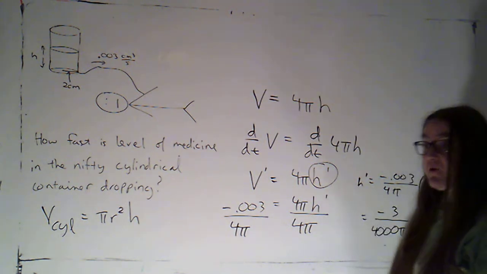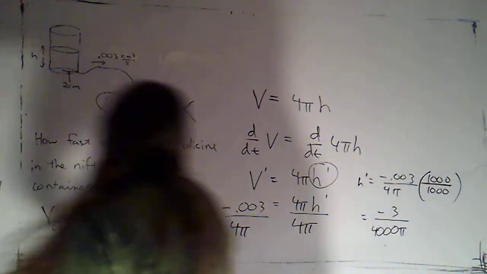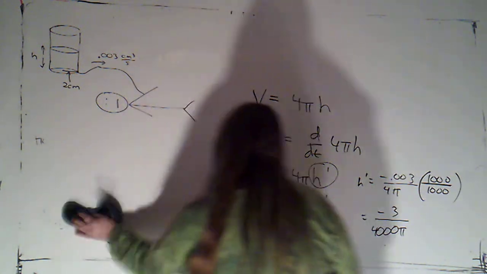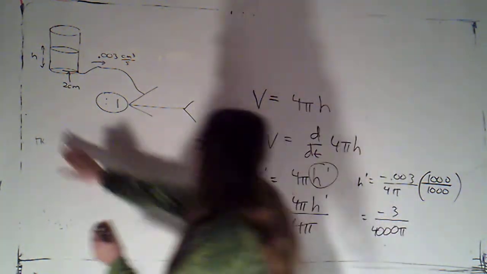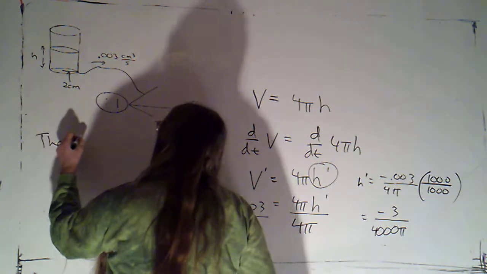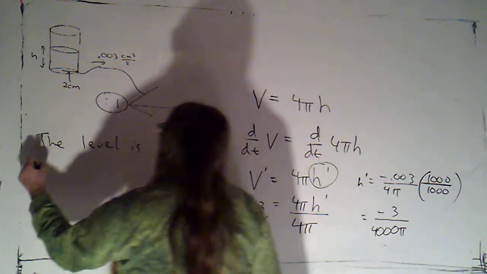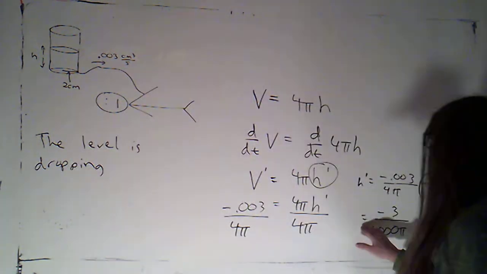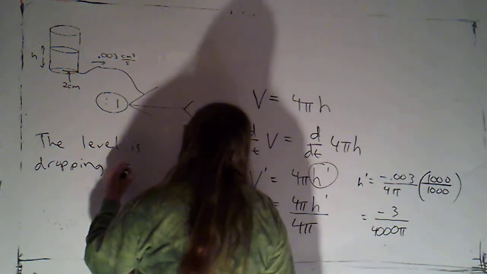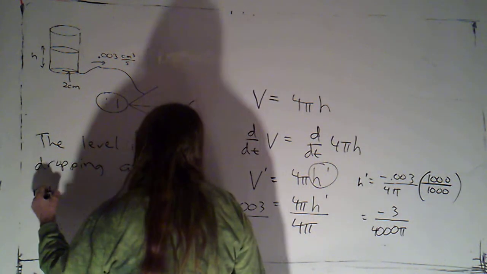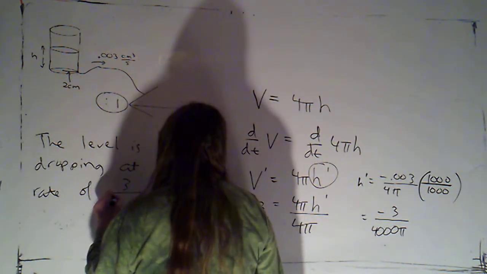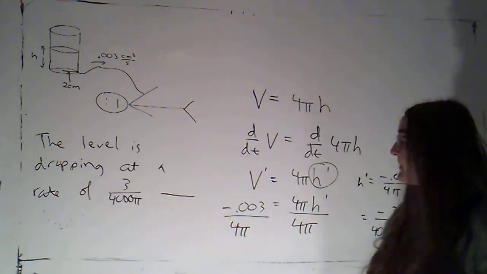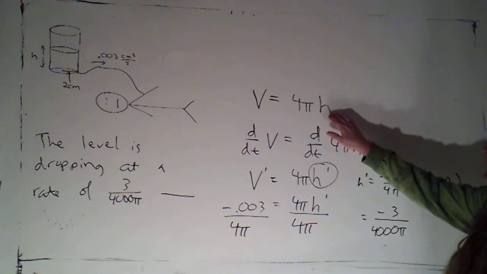Let's now answer the question in words and give the appropriate units. So we were asked how fast the level of medication was dropping. So the level is dropping. That word right there accounts for the negative sign. And so it will be at a rate of 3 over 4,000 pi. And then I need the units. Okay. So what were the units for the height?